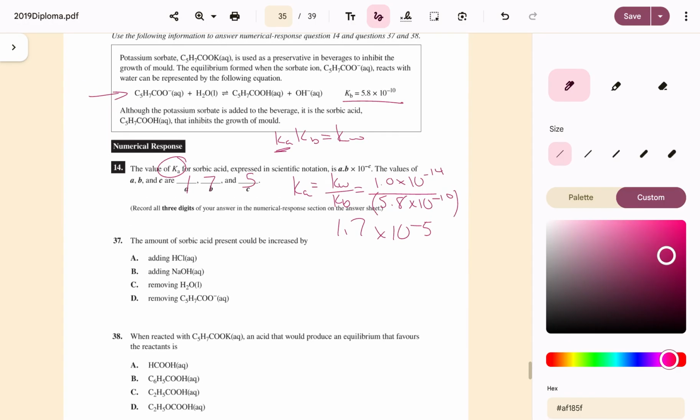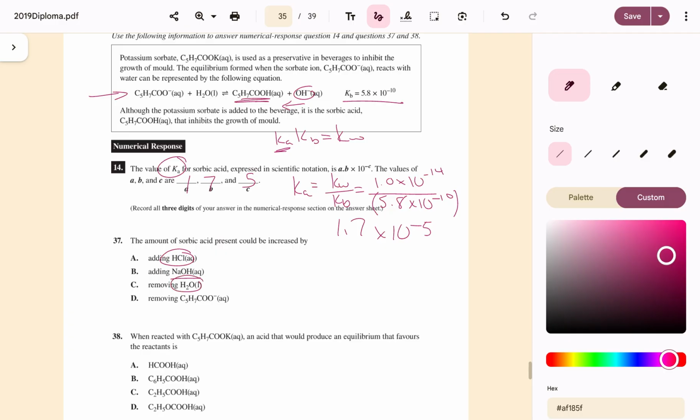Now, moving over here, the amount of sorbic acid, which is this here, could be increased by. So this is showing Le Chatelier again. This first one, adding HCl, is going to be our answer. And the reason why, we can rule out the rest: if we add in NaOH, you'd be adding an OH, you'd shift to the left, making less of the sorbic acid.